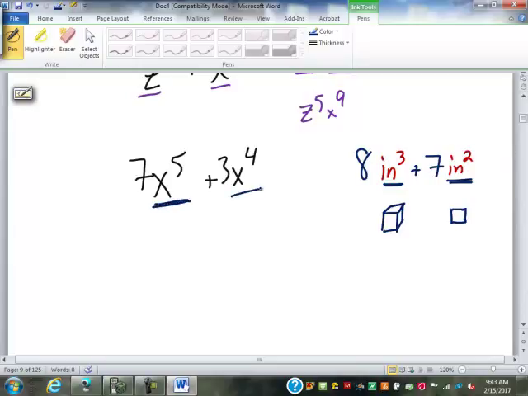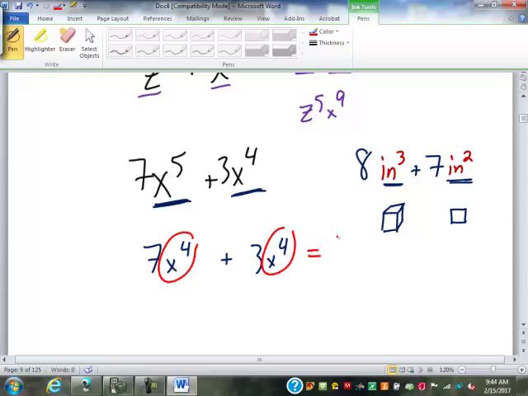So the same goes with other variables. X to the 5th and x to the 4th are different names, so we cannot add or subtract them. So remember, when we add or subtract, we must have the same name. If this was 7x to the 4th plus 3x to the 4th, now they do have the same name, so I can combine them. Once we add the counts, what do we do with the names? 7 and 3 becomes 10.